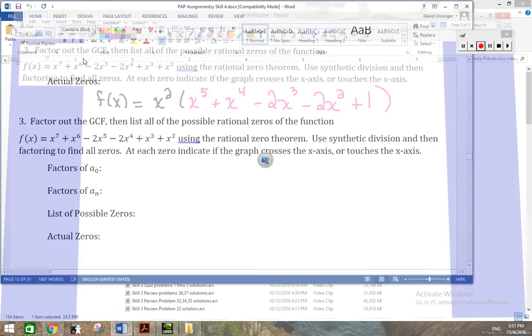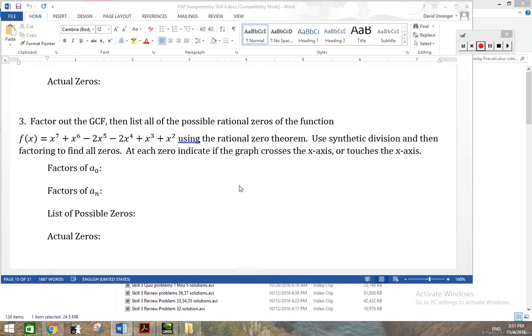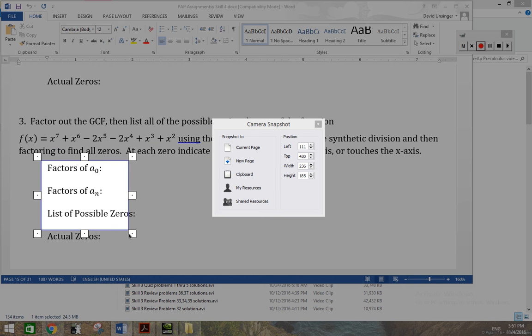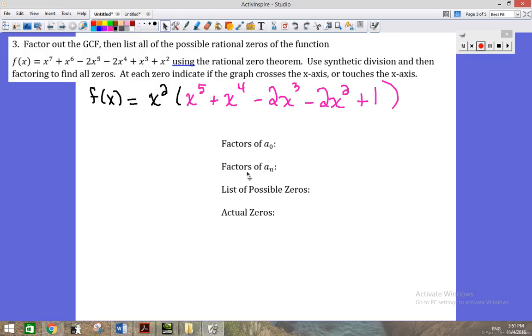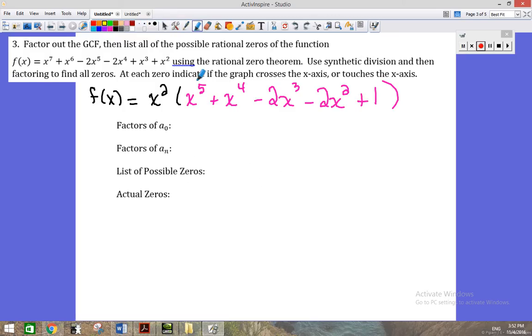So when I fill out this portion, the factors of a naught and all of that, it's in reference to what I've written in pink here. My focus of interest is now on this polynomial.